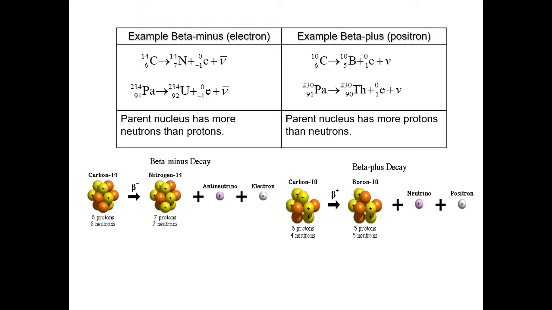For beta plus, the parent nucleus has more protons than neutrons, while for beta minus, the parent nucleus has more neutrons than protons.